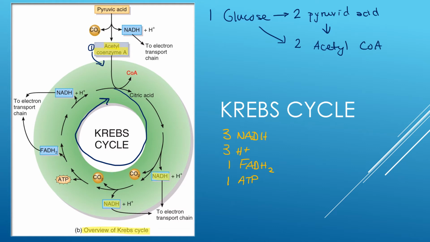So we're going to double these numbers. These numbers are for 1 acetyl-CoA that enters into the Krebs cycle and goes through 1 turn.